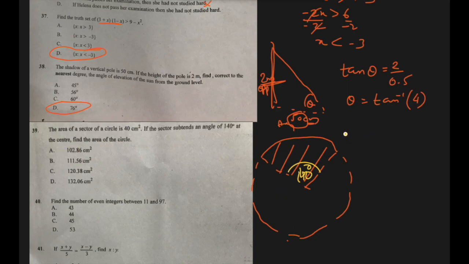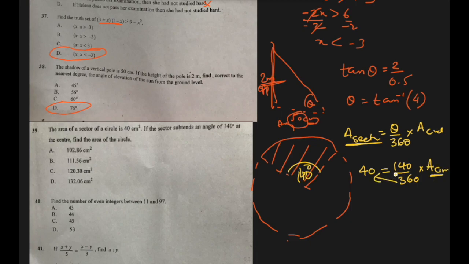Okay, so the area of a sector is the angle it subtends divided by 360 multiplied by the area of the circle. They have given the area of the sector, which is 40, equal to theta, given as 140 over 360, times the area of the circle, and this is what we have to find.